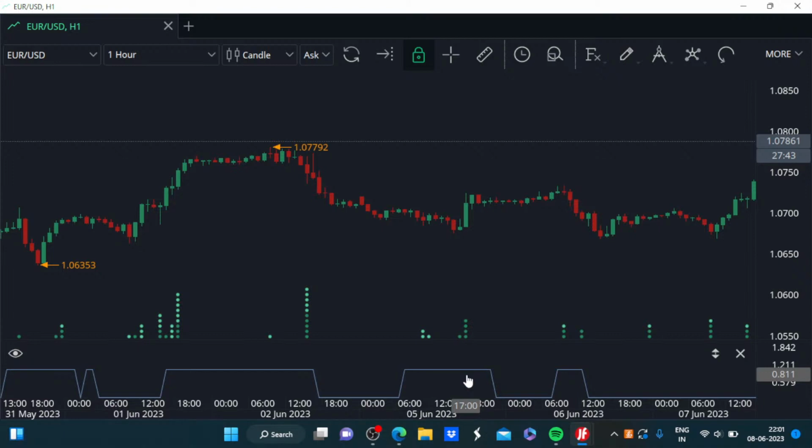Now let us look at the editing panel, what we can do in terms of the editing of this indicator.